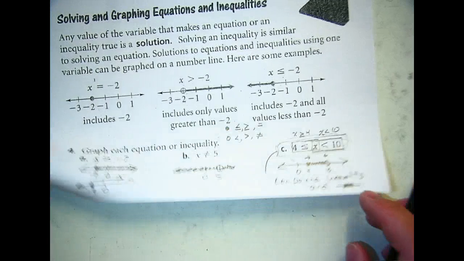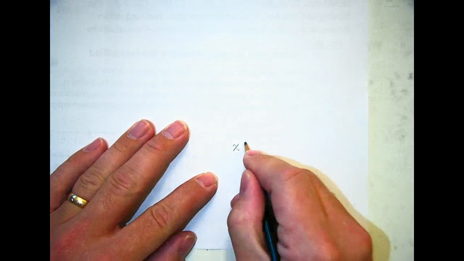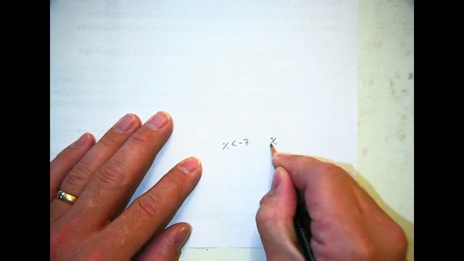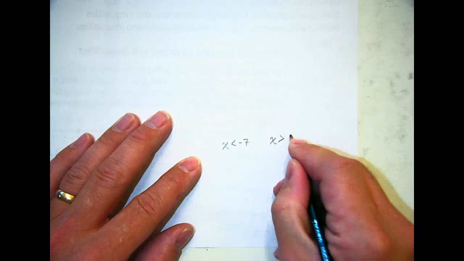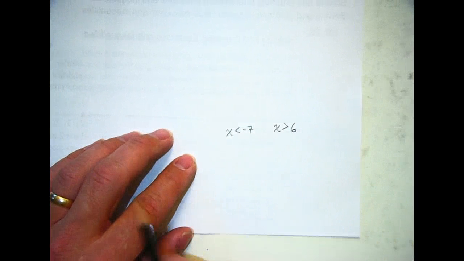Versus an "or" situation. So if I were to give you a situation, someone give me two inequalities. X is less than negative 7, greater than 6. So this is x is less than negative 7 and greater than 6.